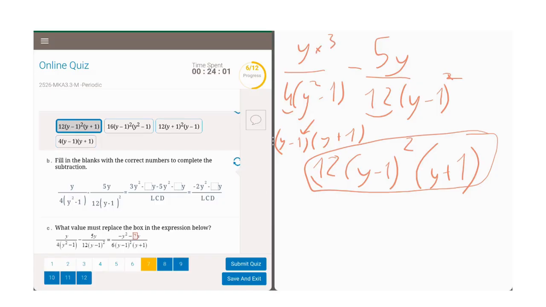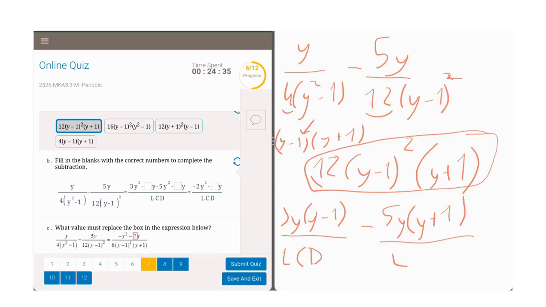So multiplied by 3, y minus 1 on both sides. So we don't need to write that because we already know. So you can write that at the bottom. y into 3 times y minus 1 over the LCD, let's just say. And the second fraction we just multiplied by y plus 1, so 5y into y plus 1 over the LCD.